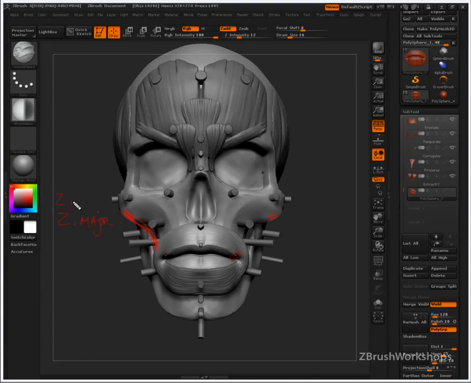Now we need the zygomatic minor. The zygomatic minor is going to originate a little bit above the zygomatic major. So we're talking about here. These fibers are going to interweave with the orbicularis oculi, the eye muscle. And this muscle is going to then insert into the mouth a little bit higher.